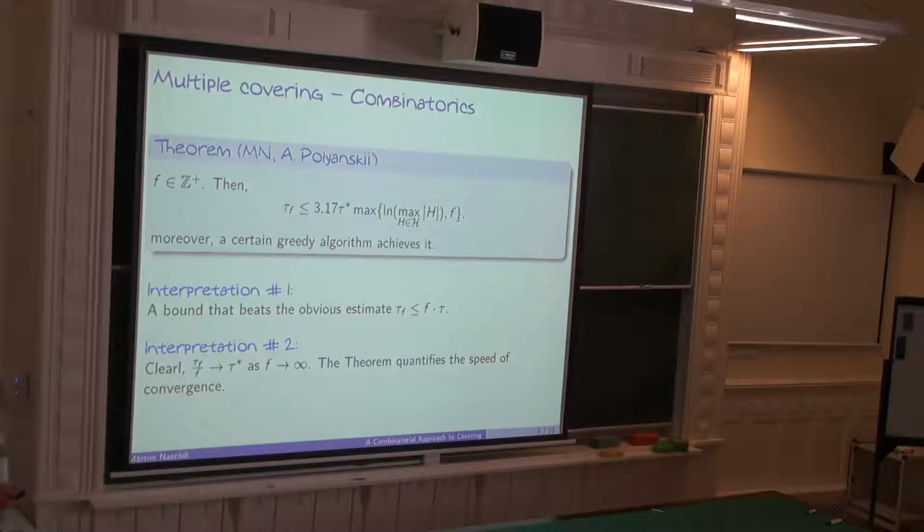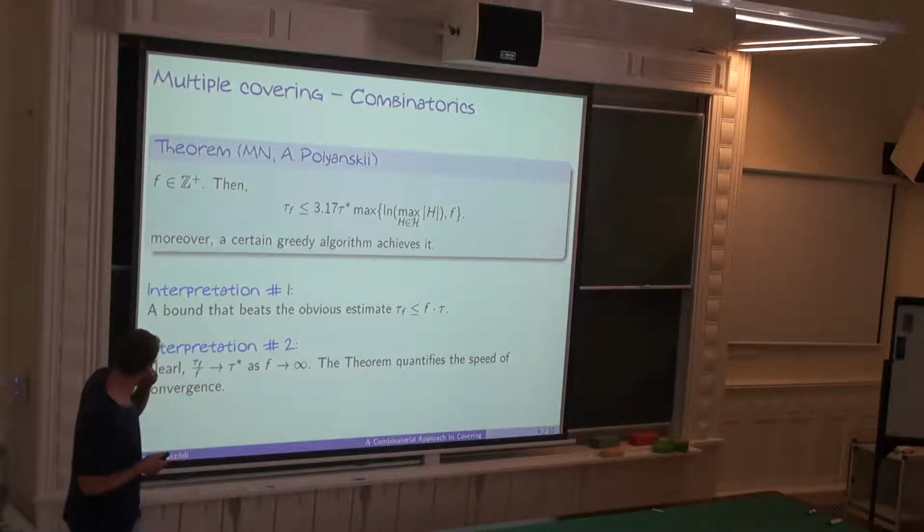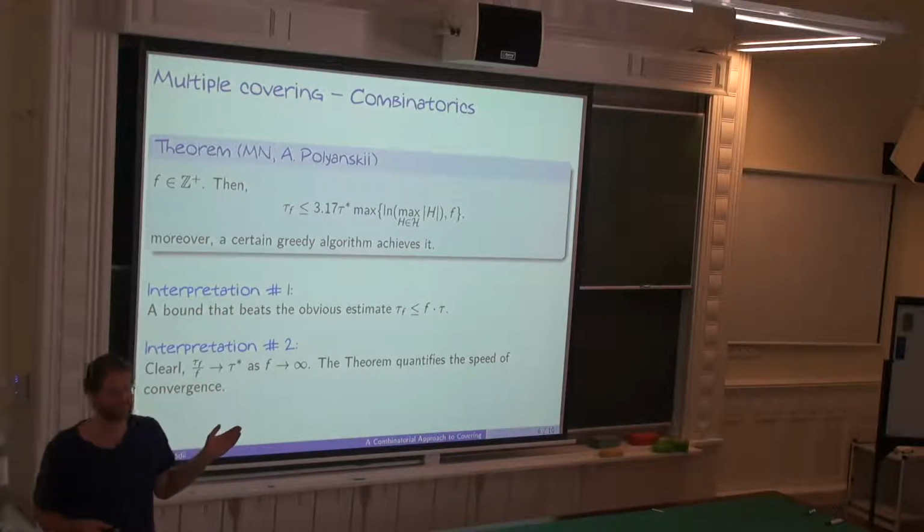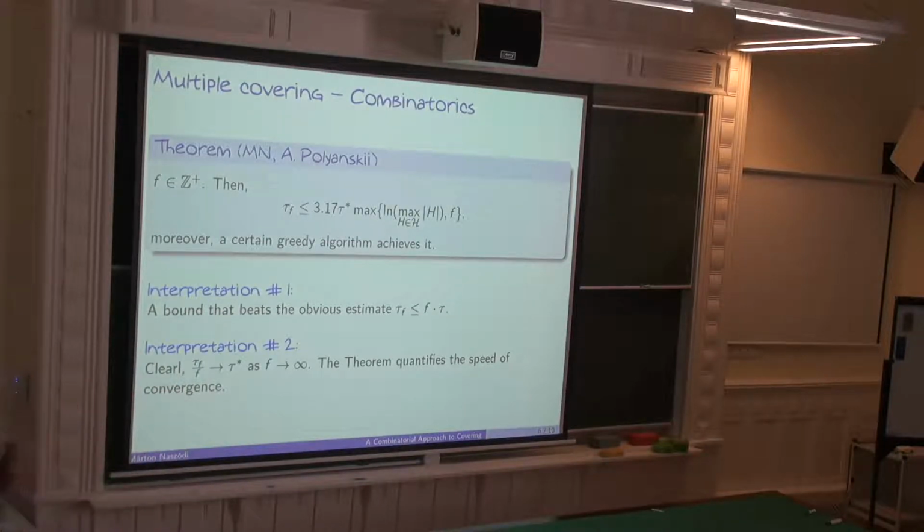But another interpretation is that if you have an f-fold covering, then it's not hard to see that this tau f over f, this quantity tends to the fractional covering number, right? Because if I cover everything 1,000 times, I could just say that all the selected sets get weight 1 over 1,000, and then I get a fractional covering.